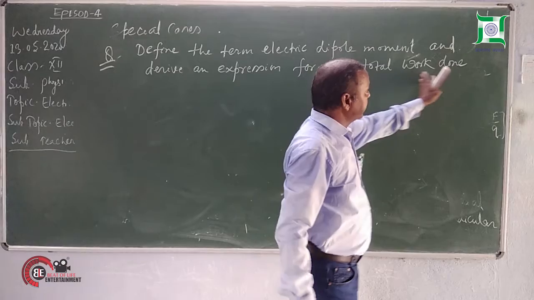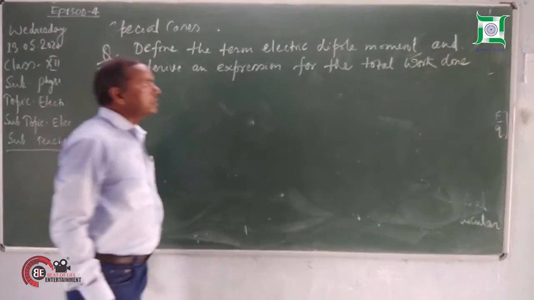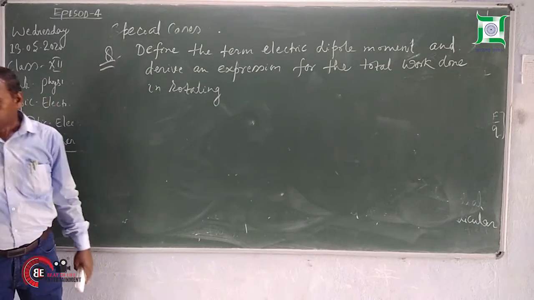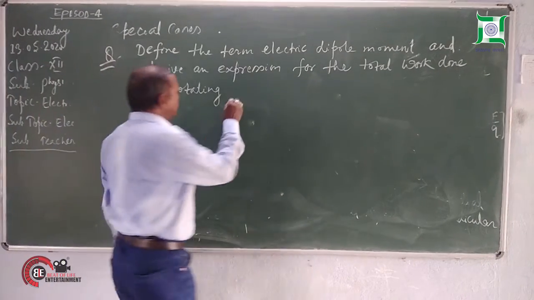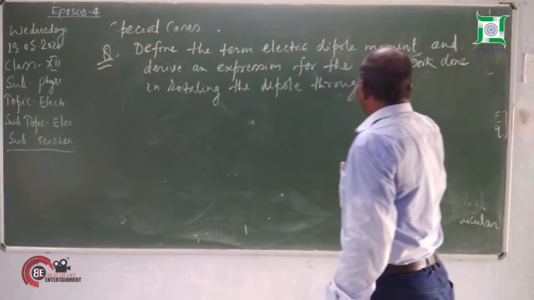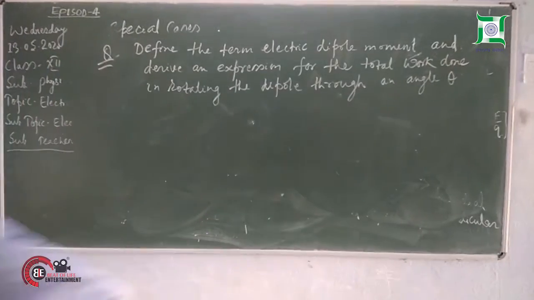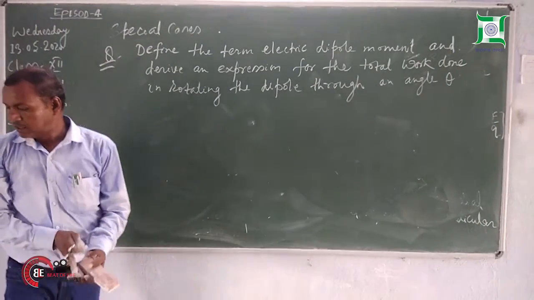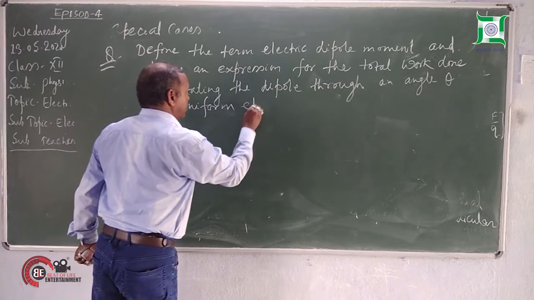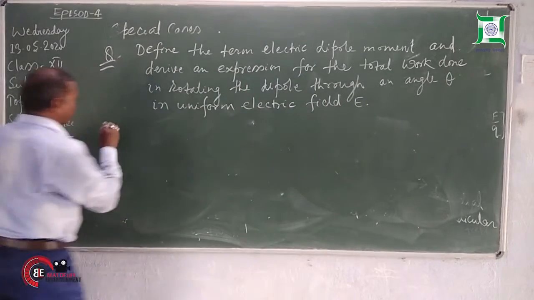So the question may be: derive an expression for the total work done in rotating the dipole through an angle theta in uniform electric field E.